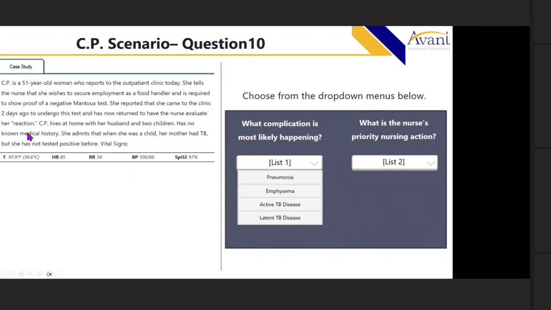Based on her response, she has a positive reaction. Her mother had TB when she was a child. She's never tested positive before. So do we think she has pneumonia, emphysema, active TB, or latent TB? Let's take about 30 seconds for that one.